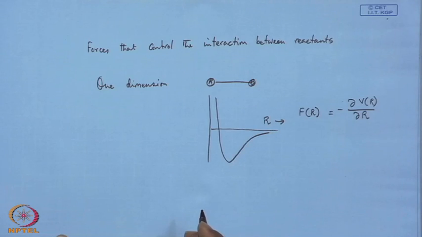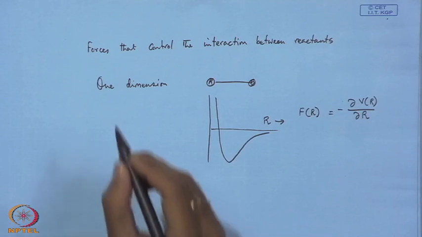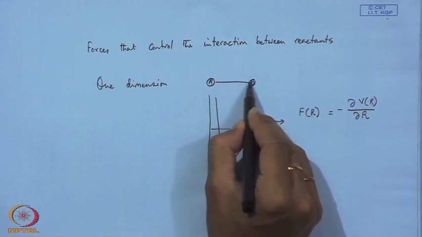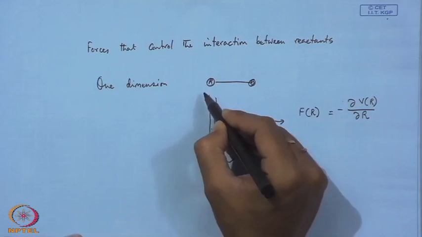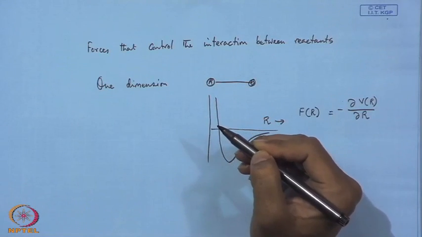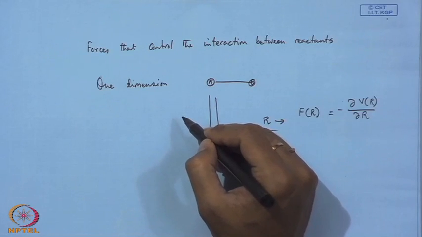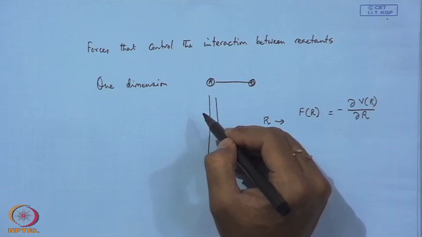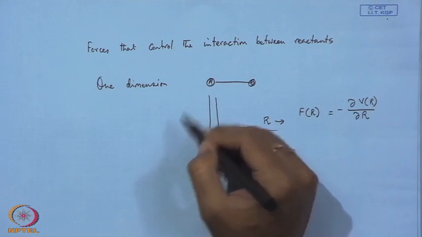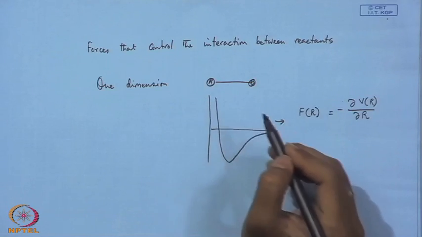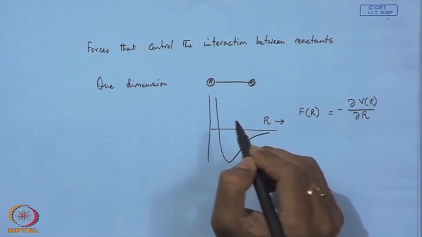A multidimensional description is required. This one coordinate is not sufficient; another coordinate has to be introduced to account for the approach of another reactant from all possible directions.